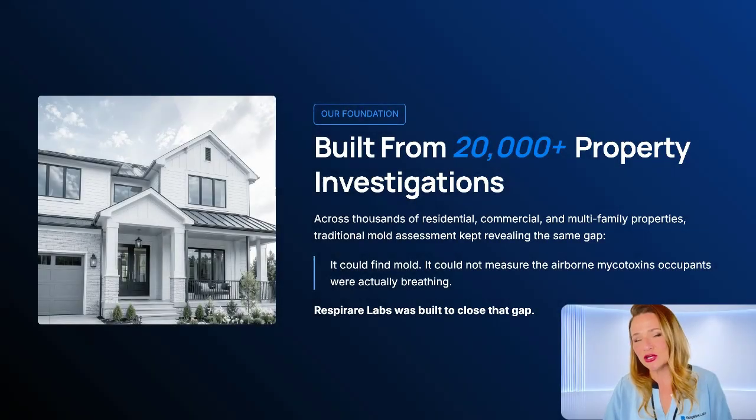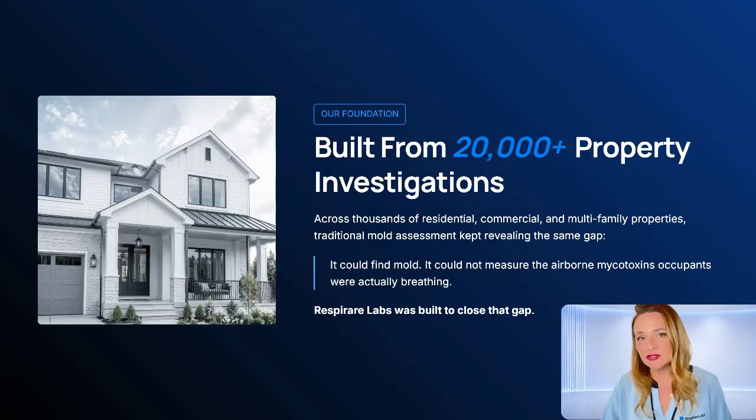Respirare Labs founder and president Mark Ritacco comes from the other side of things. Mark was an investigator and remediator for many years in Portland, Oregon, doing thousands of assessments and remediations. Oftentimes, he came in contact with families like my own, families that had done remediation. They passed all the post-remediation verification mold tests.